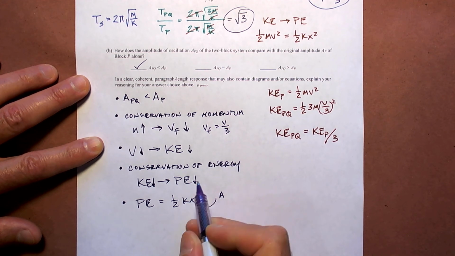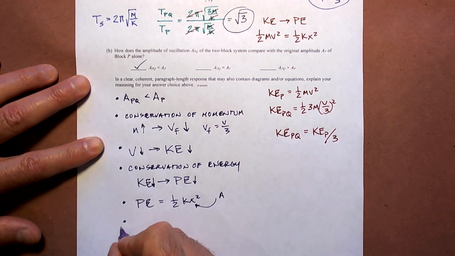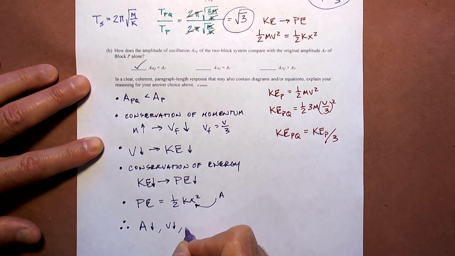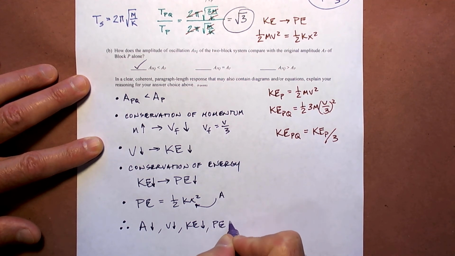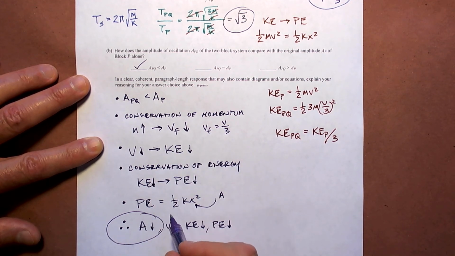So if the PE is less, then the amplitude has to be less because, of course, the k doesn't change. So we could say, therefore, the amplitude is less because the velocity is lower, and therefore the kinetic energy is lower, and therefore the potential energy is lower. All of this is basically trying to say that the amplitude is going to be less based on this reasoning strategy.